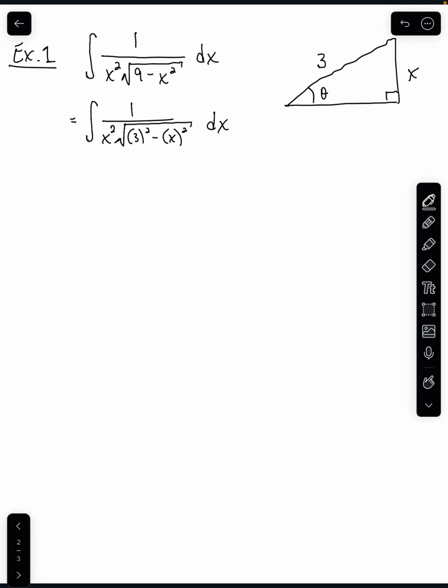And by the Pythagorean theorem, the radical expression, the square root of 3 squared minus x squared, or 9 minus x squared, would be the length of the adjacent side. This would allow us to use sine theta is equal to x over 3, or 3 sine theta is equal to x.